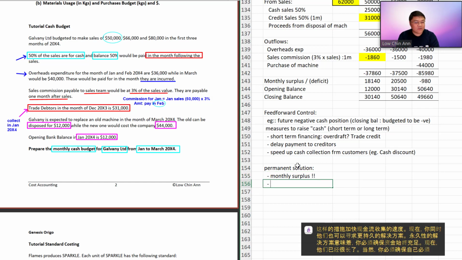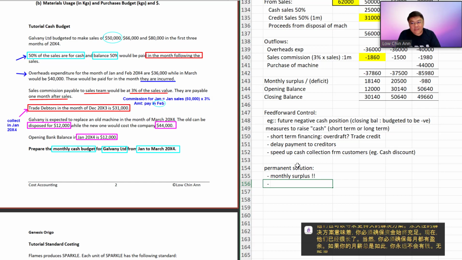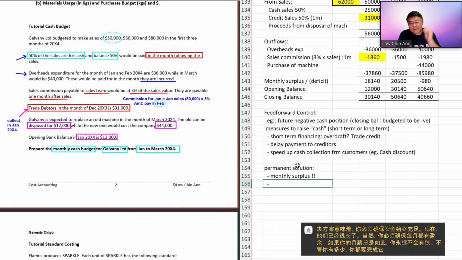If your monthly is always deficit, you will never have money. No matter how much you have, you're going to finish it anyway. So that's why the monthly must be a surplus. So how do you come to a monthly surplus? Of course, then you have to see what's your inflow, what's your outflow. If every month your outflow is more than your inflow, you really have to look at your business already. What's wrong with your business?